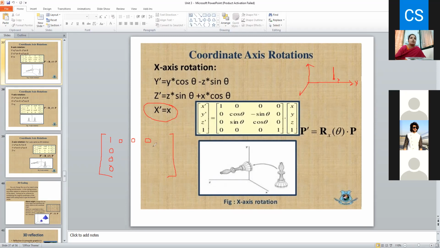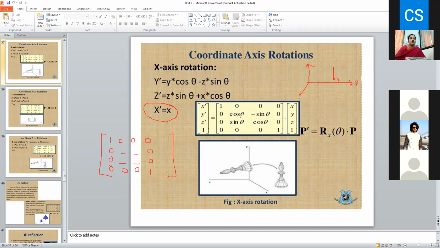And then ty, tz values are already 0. And this is 1, the overall scaling factor. These values are already 0 for projection purpose, right? Now what is remaining? Only these 4 spaces are remaining. So those 4 spaces are nothing but your cos theta, sin theta, and cos theta.